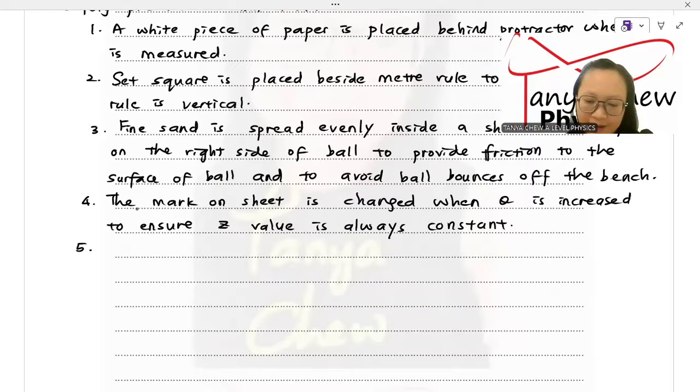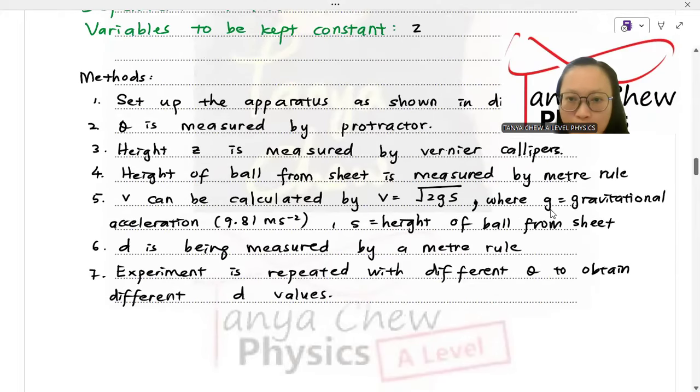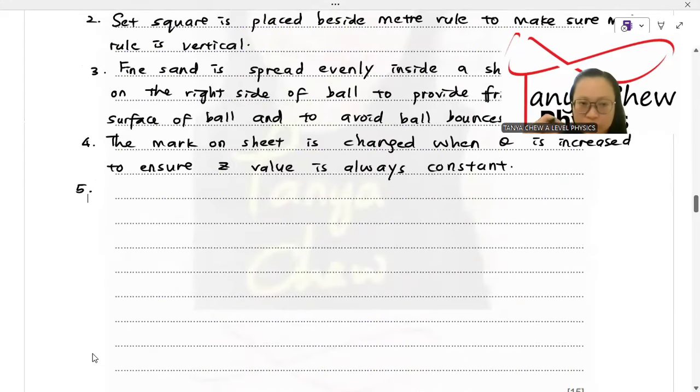And number 5, I say that the height of the ball falling, because I want my speed, my V, to be constant as well. In order for V to be constant, I need to make sure, because after all, V depends on 2gs, the height of the ball falling towards the sheet, the height of the ball from the sheet, that it is constant all the time.